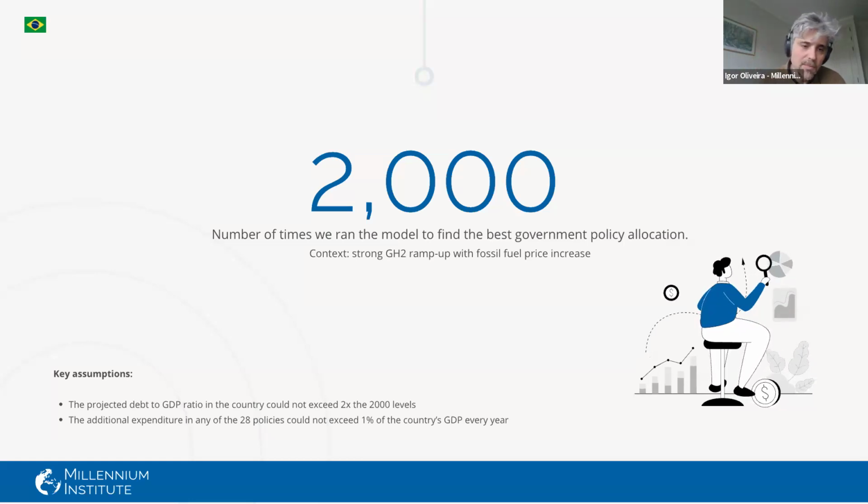And at the same time, the additional expenditure of any of the 28 policies that we tested could not exceed 1% of the country's GDP. So those were the limits that we put to this policy optimization exercise. And we're going to see the results in the next slide.